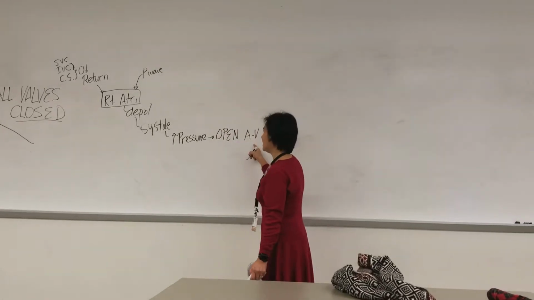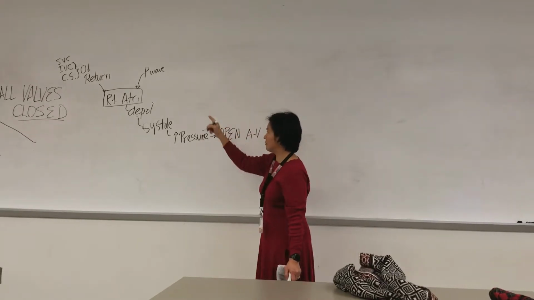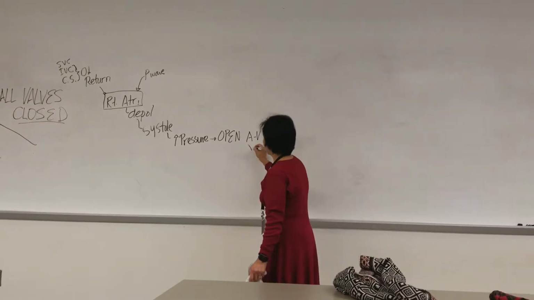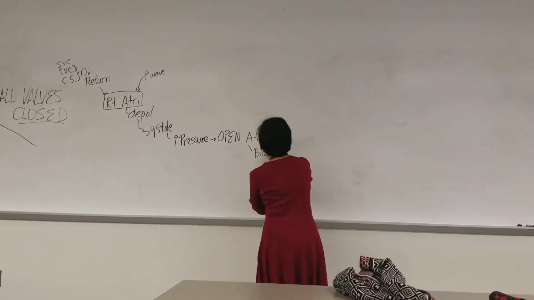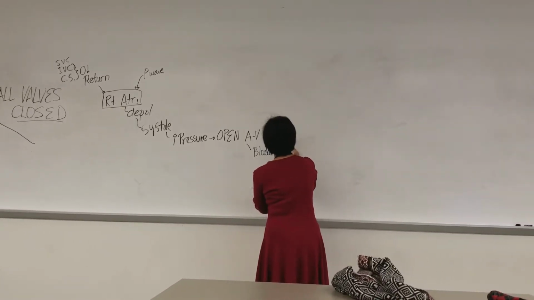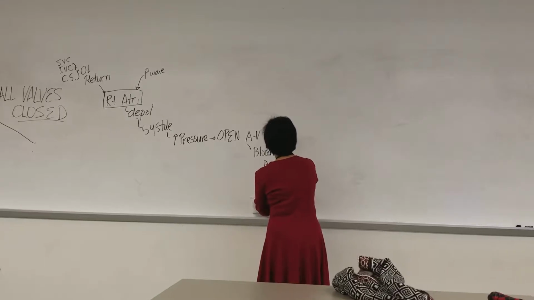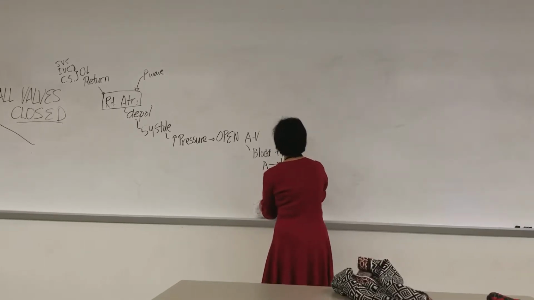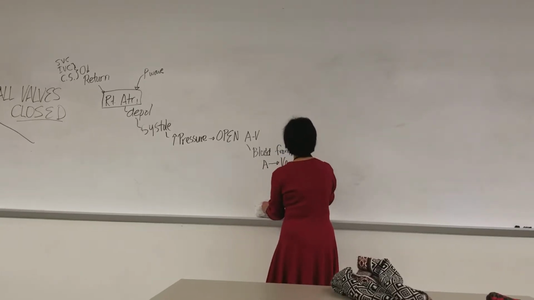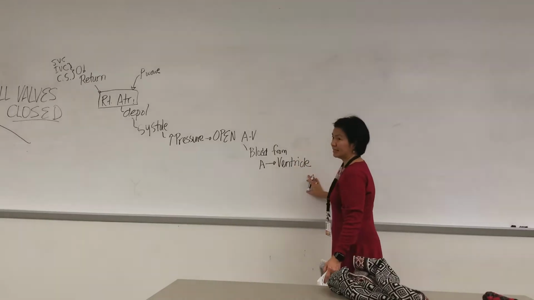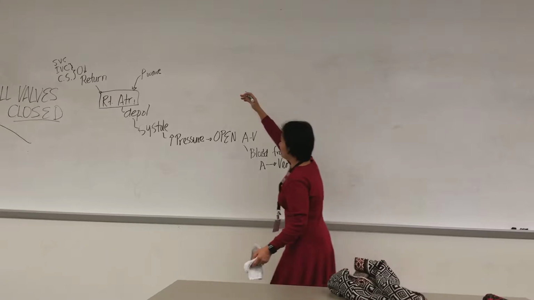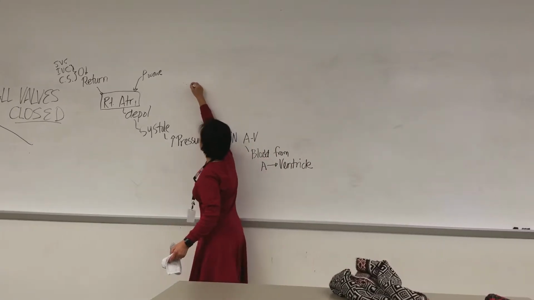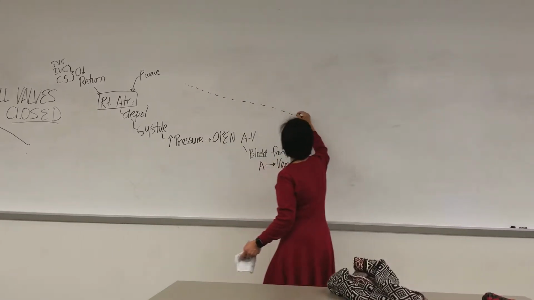So when it opens the AV, I know that the blood will go from atria down to the ventricle, right? Okay? So now we pick up the P wave, we'll keep moving.